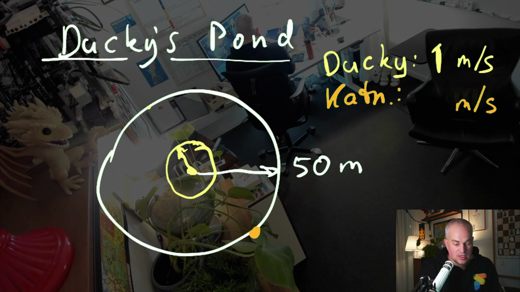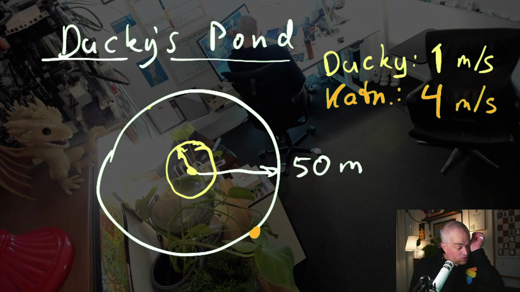It's not 3 meters per second, it's 4 meters per second here for the cat. So the formula we have is that for the smaller circle we need to find a radius where the circumference is slightly less than a fourth of the circumference of the big circle. So first we can use an equality, and then we reduce the size of this inner circle a little bit.